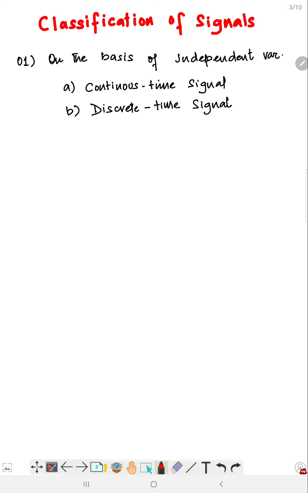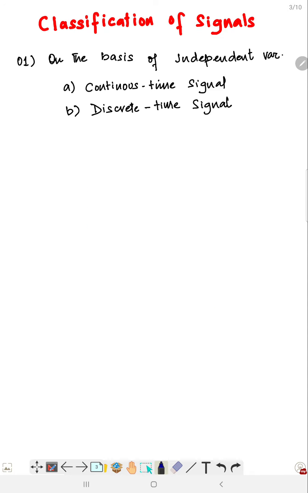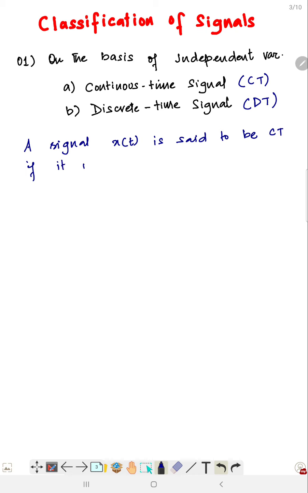Now these two are quite literal. Let me call continuous time CT, and let discrete time be called DT. Right? So a signal x of t is said to be a continuous time signal if it is defined for all time t.